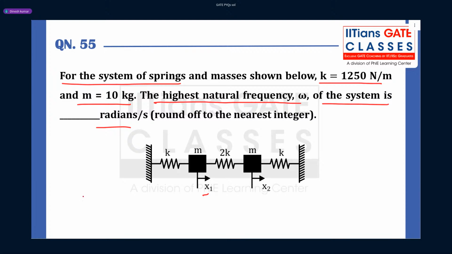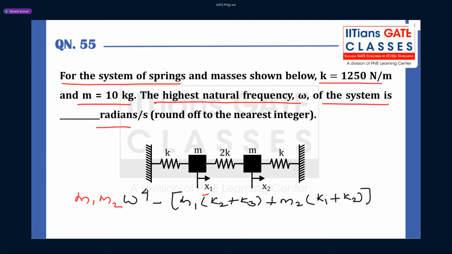It is always m1 into m2 omega power 4 minus, then m1 is multiplied with k2 plus k3, and m2 is multiplied with k1 plus k2, and outside it is omega square. Then plus k1 k2, plus k2 k3, plus k3 k1 equal to 0.